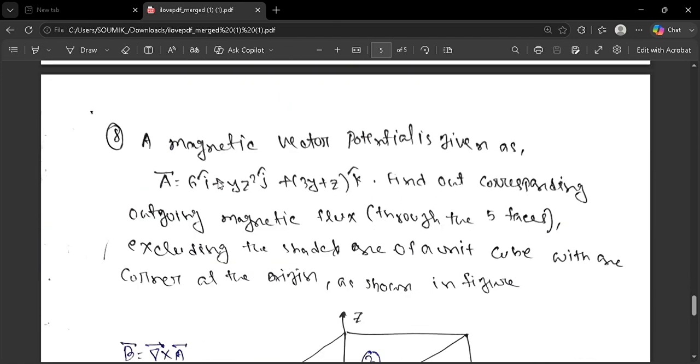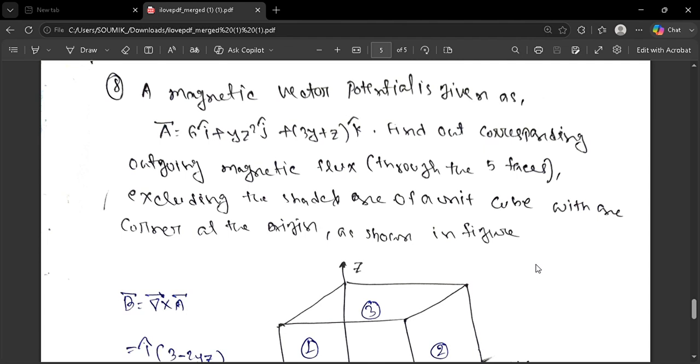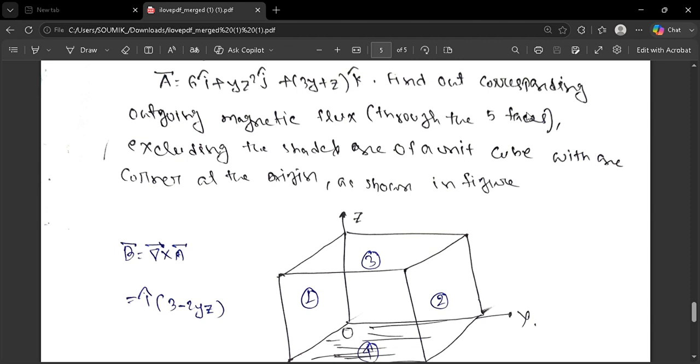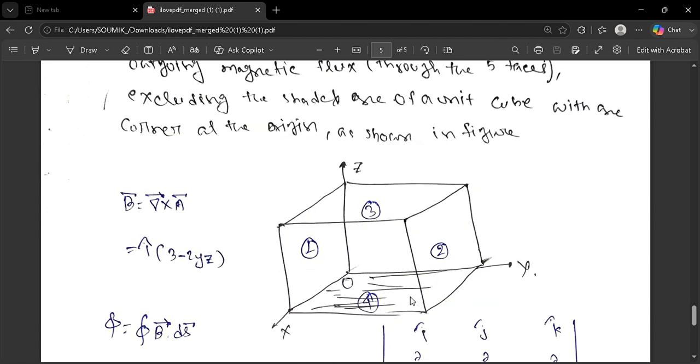So next question, I think that is the final question. A magnetic vector potential is given as that. Find the corresponding outgoing magnetic flux through the 5 faces, excluding the shaded one, of the unit cube with one corner at the origin. We need to find the magnetic flux B dot dS, but we need to exclude this shaded surface.